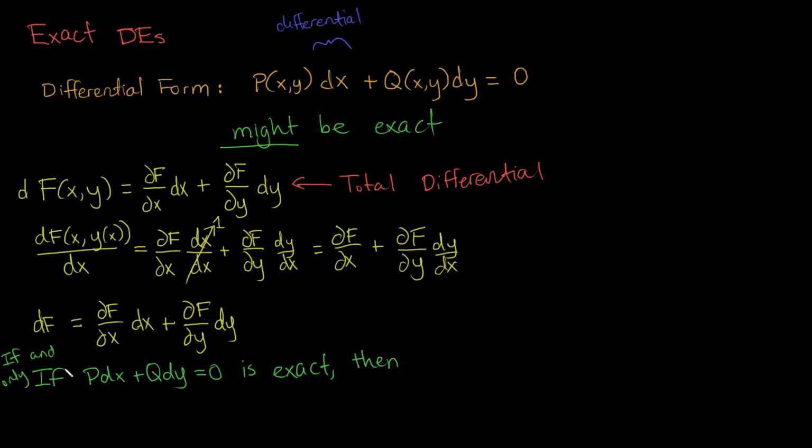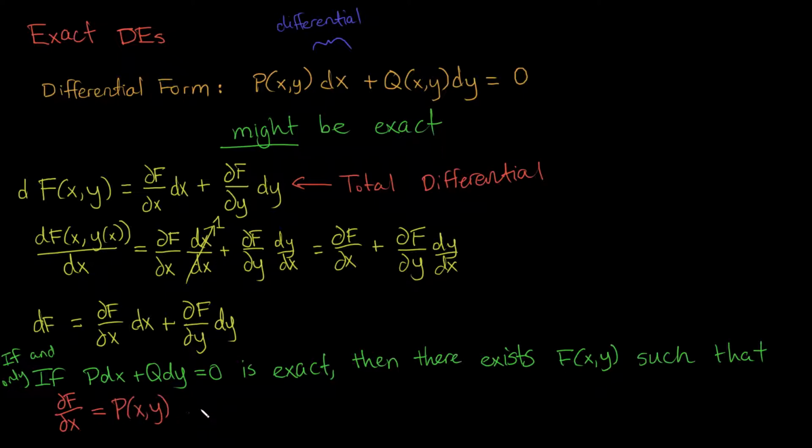So if and only if p dx plus q dy equals 0 is exact, then there exists some function f of x y such that the partial of f of x y with respect to x, so partial f partial x, equals p of x y, and partial f partial y equals q of x and y.